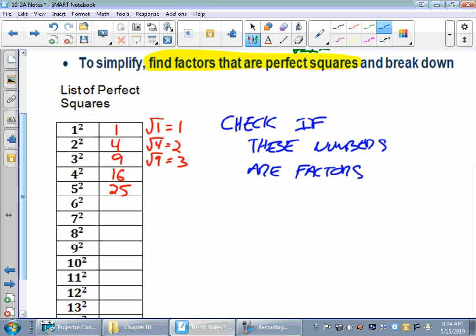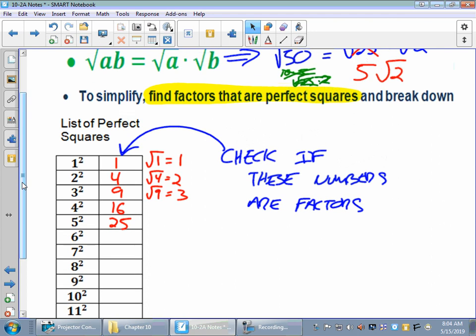When you're breaking down a number underneath the radical, we want to check and see if the numbers in this column here are factors. Like in our above example, 50. Do we have any of these numbers that's a factor of 50? Yeah, 25 was, so we can use it as a perfect square.